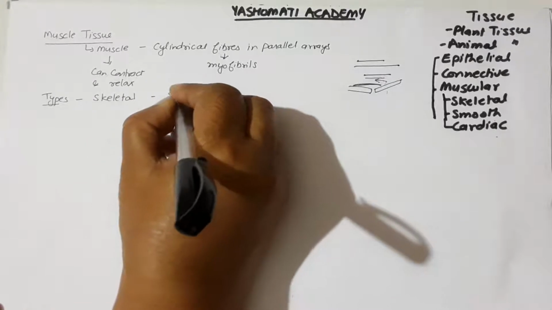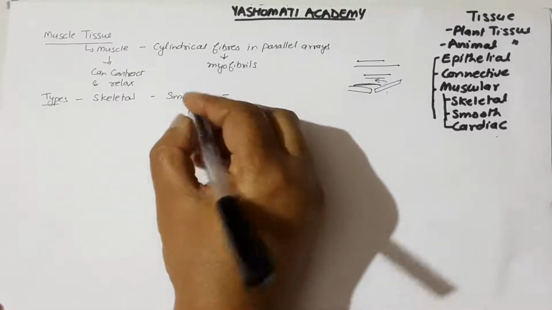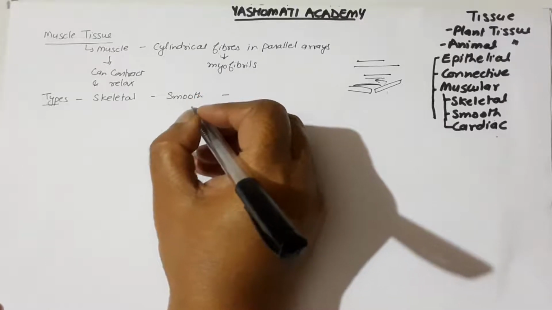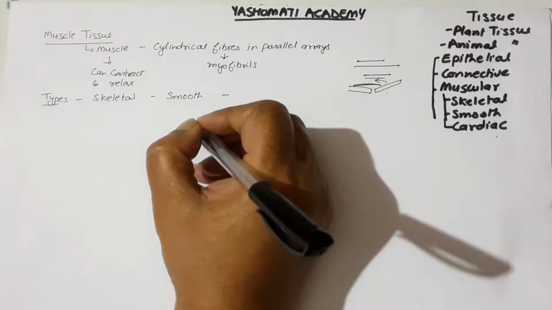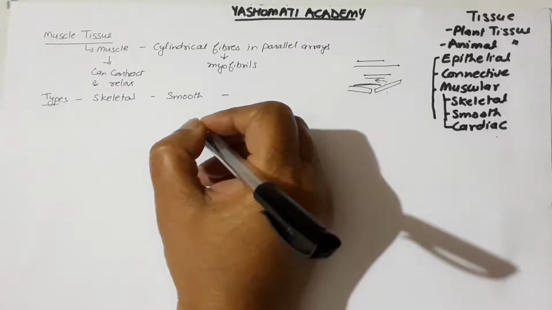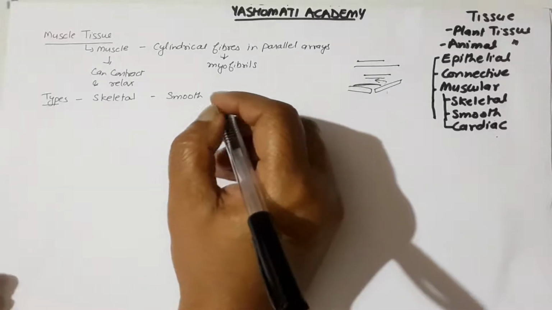And smooth muscles are present in those parts of the body where movement is there, but that movement is not under the control of the individual, or they are autonomous movements that will be caused by the smooth muscles.